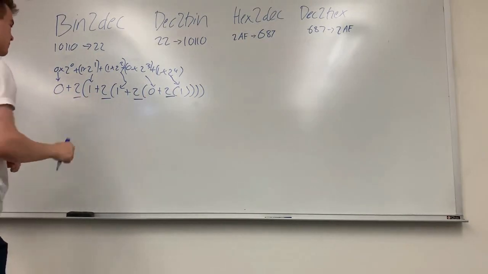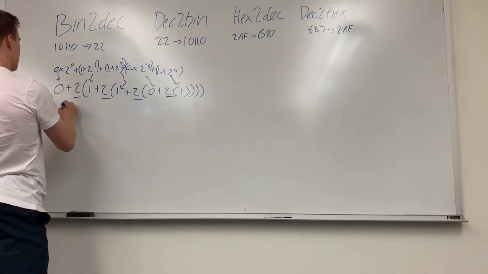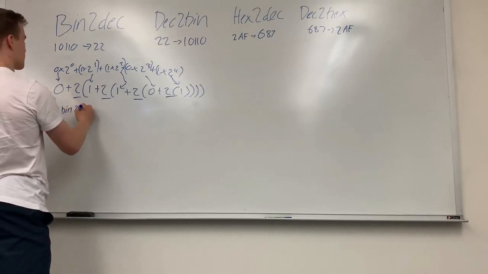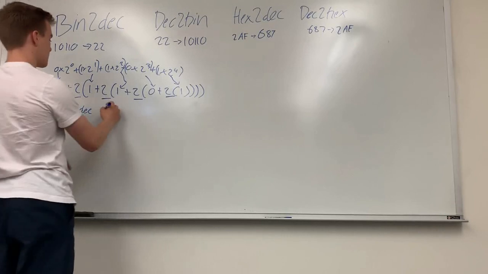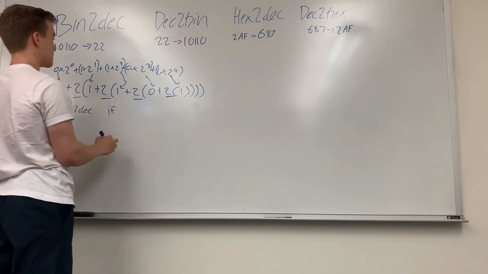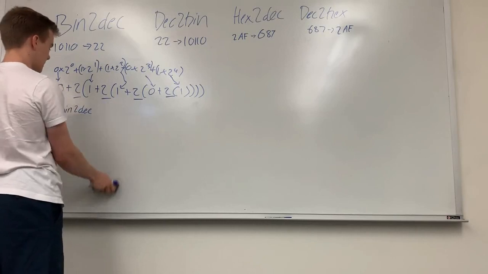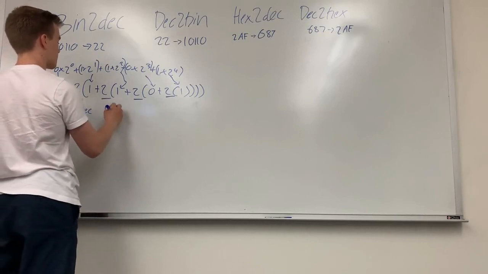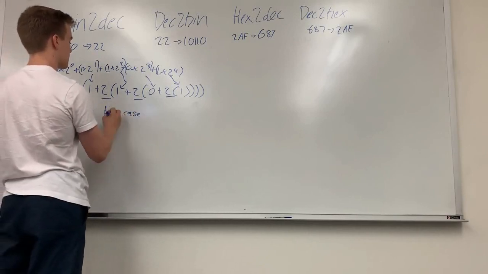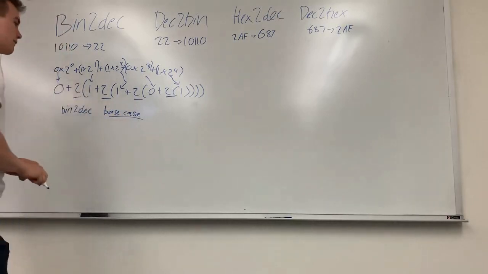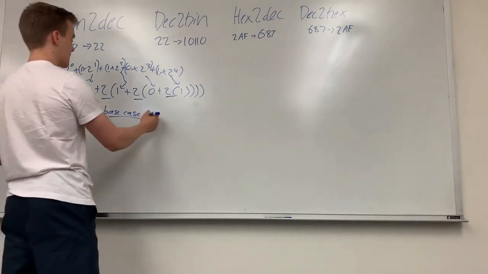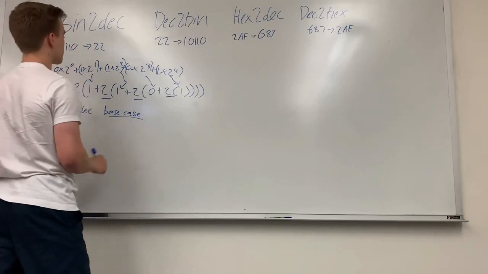But this helps us define a recursive procedure. So for bin to dec, we need a base case, which I'll let you figure out. Probably be something like when I've gone all the way through my number.